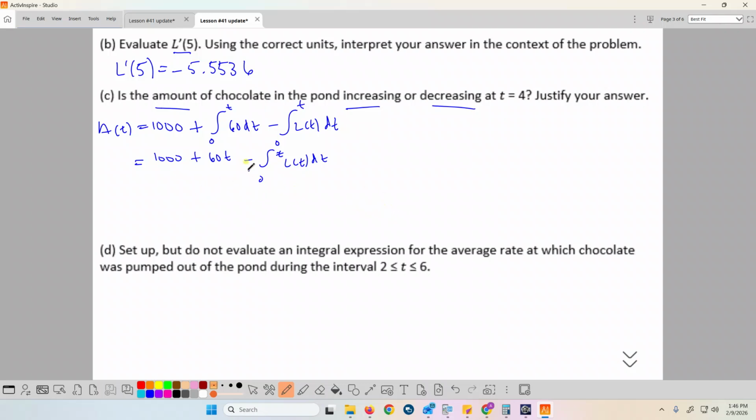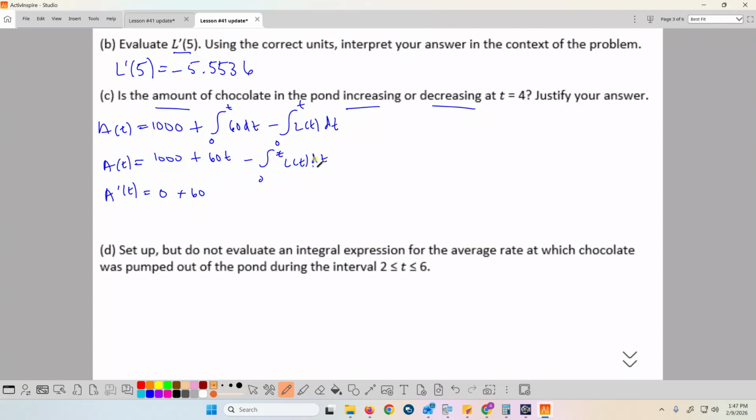Now that we have that amount function, let's think about what increasing and decreasing means. Remember, that means when your derivative is positive or when your derivative is negative. So we might want to take the derivative of this amount function. If we derive 1,000, we get 0. If we derive 60t, we get 60.